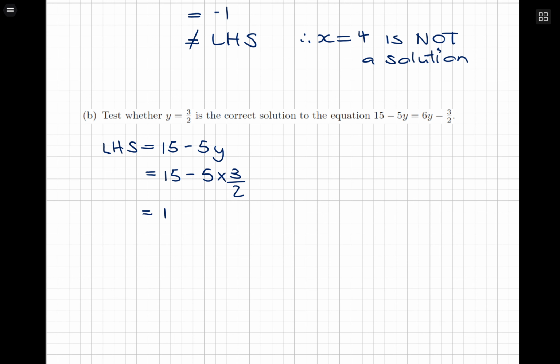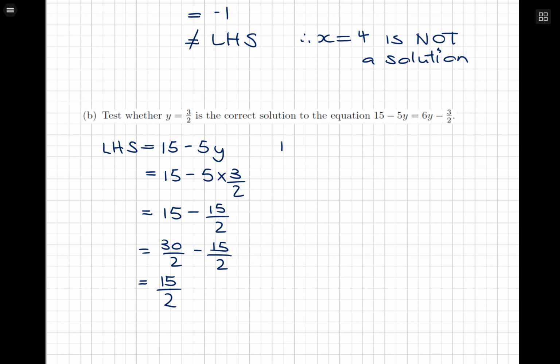And so then we have 15 minus 15/2. So 15 minus 15/2 would be the same as 30/2 minus 15/2, which is 15/2.